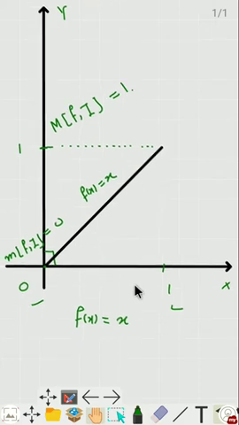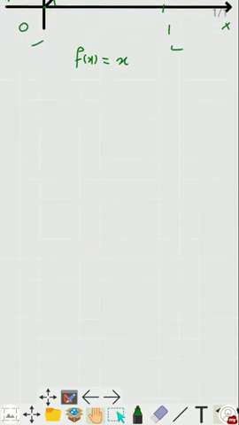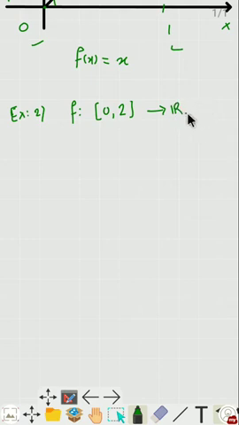Suppose our function, example number 2: let f be defined from the closed interval 0, 2 to the set of real numbers R, and it is defined like this: f of x is equal to x square, for all x belongs to 0, 2.